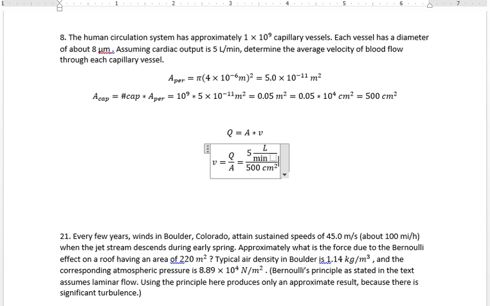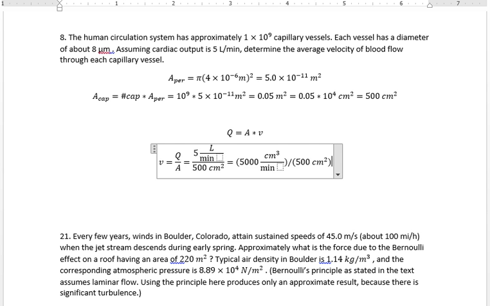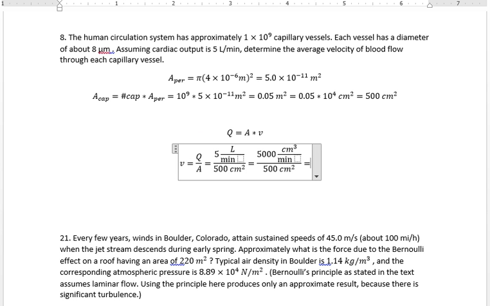Now, a liter is 1,000 cubic centimeters, so this is 5,000 cubic centimeters per minute divided by 500 square centimeters, and that's going to leave us with 10 centimeters per minute.